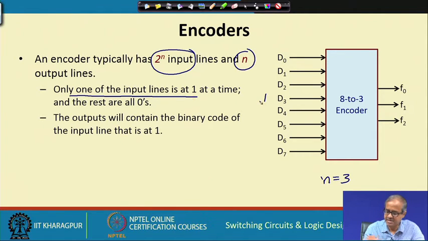Let us say D3 is 1. The output will contain the binary code of D3. 3 is 0, 1, 1. This will be the output. If D6 is 1, 6 is 1, 1, 0, so the output will be 1, 1, 0 and so on. This is how the encoder will work.